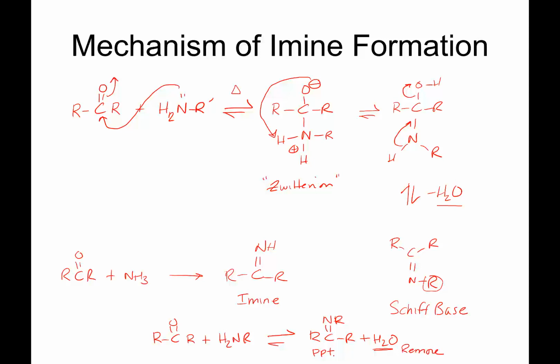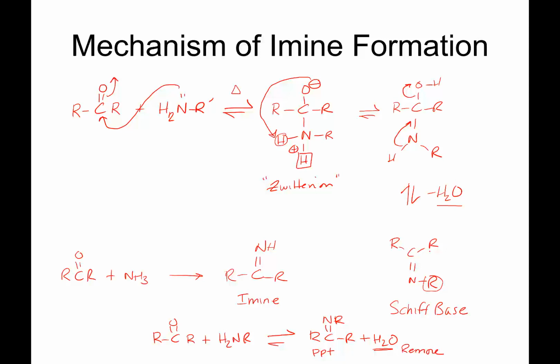So does that kind of make sense? But this only occurs with a primary amine because, as I'll show you in a minute, I need to transfer one hydrogen to the O-, and then I need to be able to lose one hydrogen to get the double bond. And so when we go to a secondary amine, I only have one hydrogen overall.